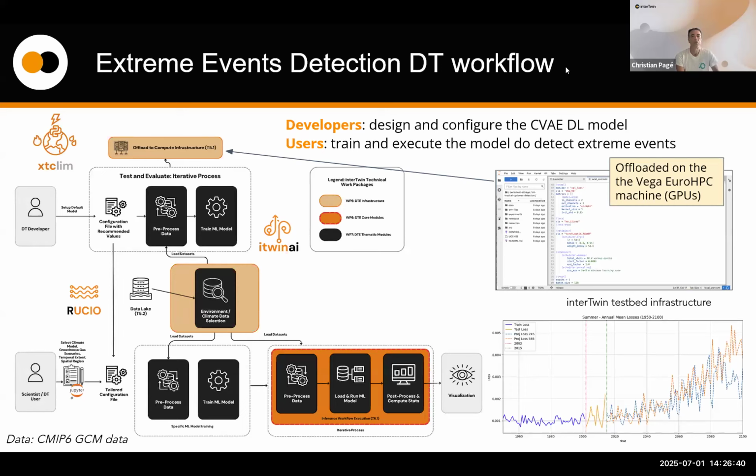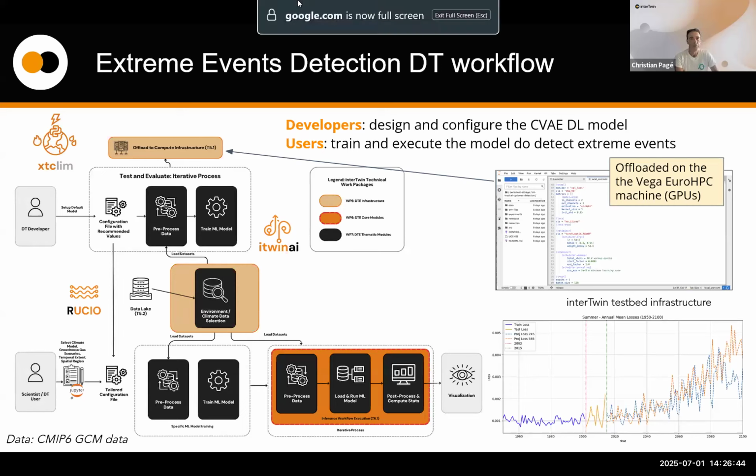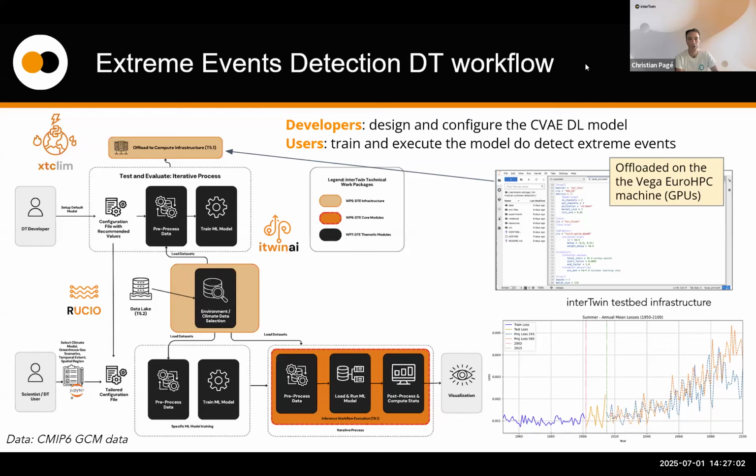This is the main workflow of this digital twin. It is both for developers and users, as I have been explaining. So the developer, which is shown on the upper left corner, will be configuring the notebook so that it can train on the specific data sets that are expected, for example, here CMIP6.